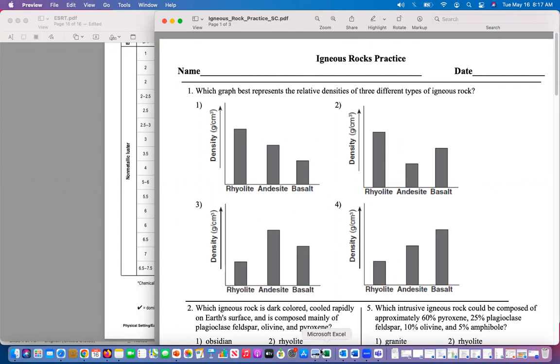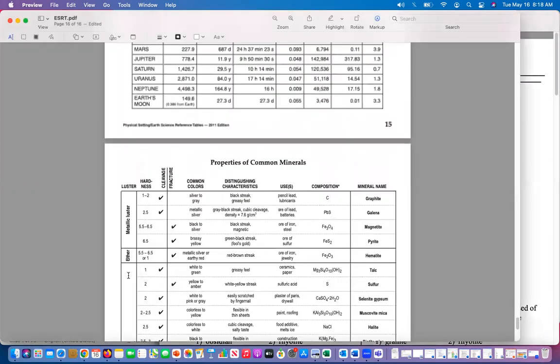And so we're going to be starting from question 1, which says, which graph best represents the relative densities of 3 different types of igneous rocks? So we see rhyolite, andesite, and basalt. The page I'm going to go on in the reference tables is page 6.